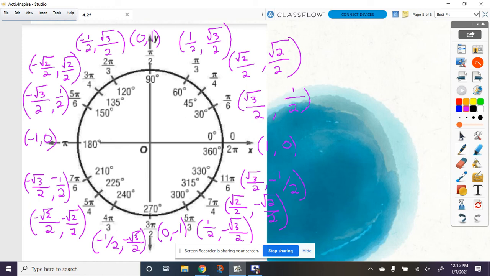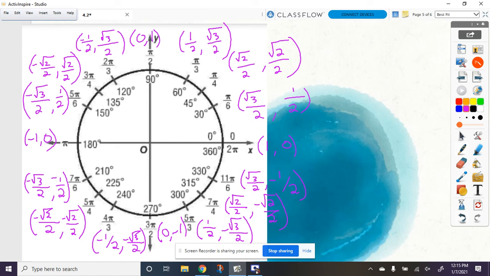So y'all with me? All right, and like I said, now that we've figured out how to find all of those with their special angles, we don't have to do that every single time. We just need to memorize this unit circle. Now, really, the only thing we need to memorize, though, is our first quadrant.